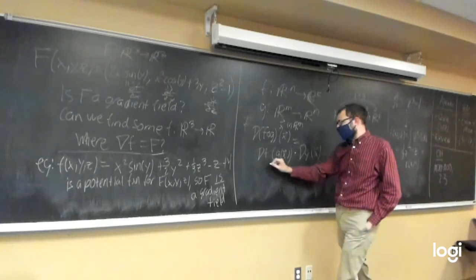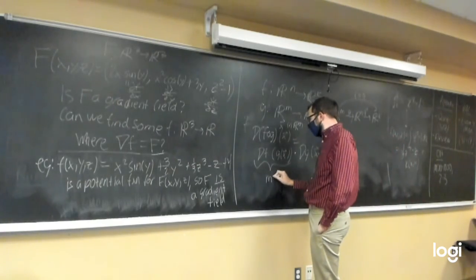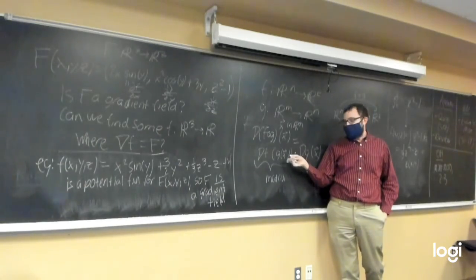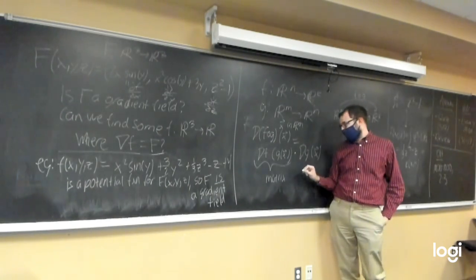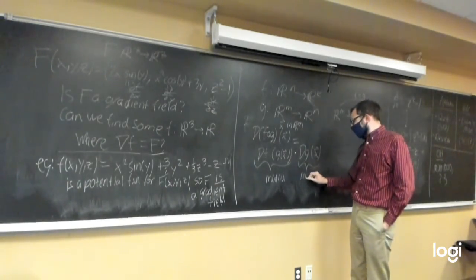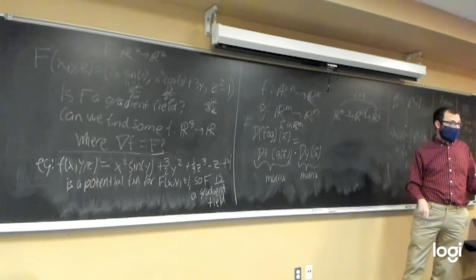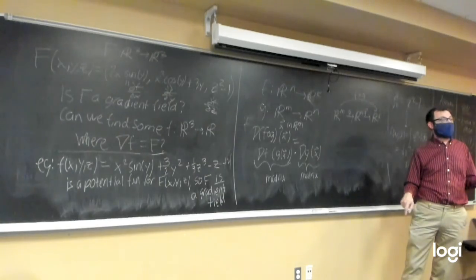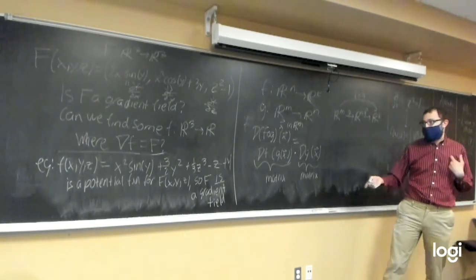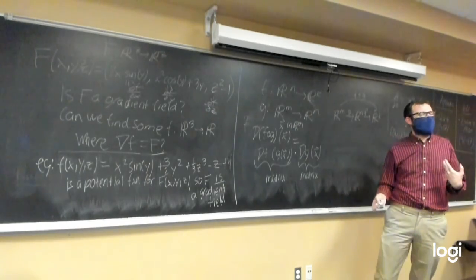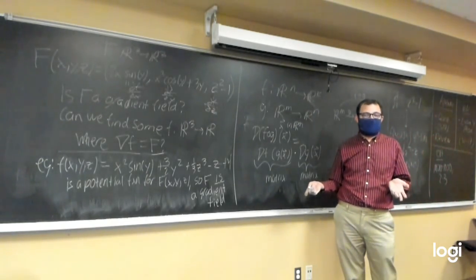In other words, if you take the matrix corresponding to the derivative of f evaluated at g of x, and multiply by the matrix corresponding to the derivative of g, that should give us the derivative matrix of f composed with g. That's the multivariable chain rule in a nutshell.